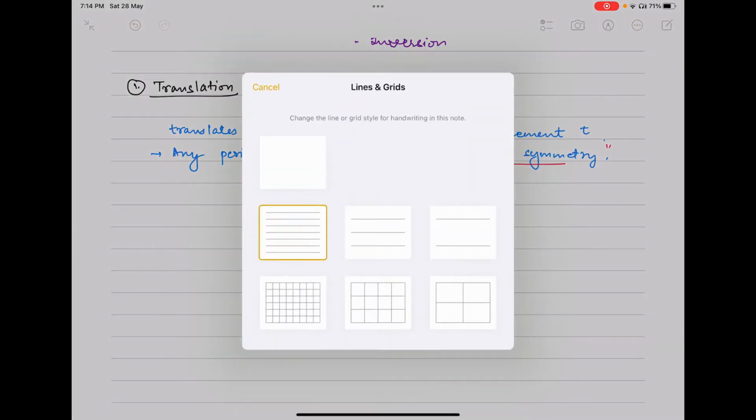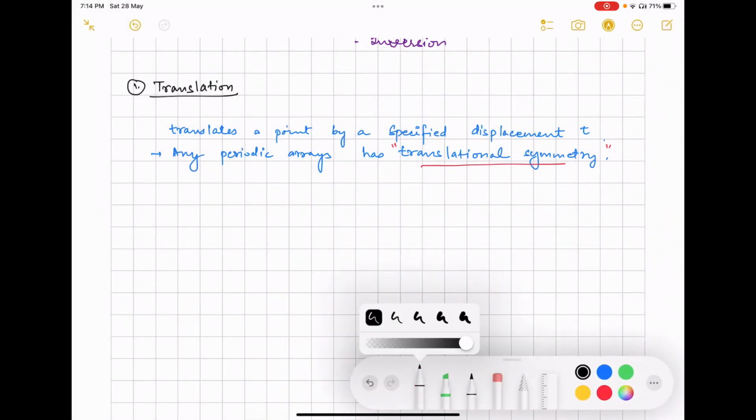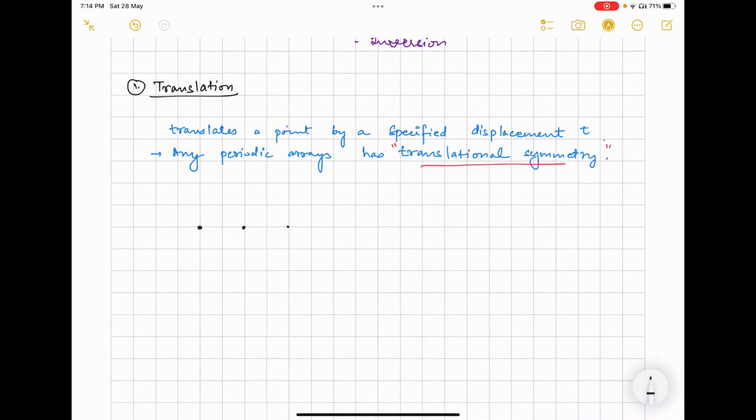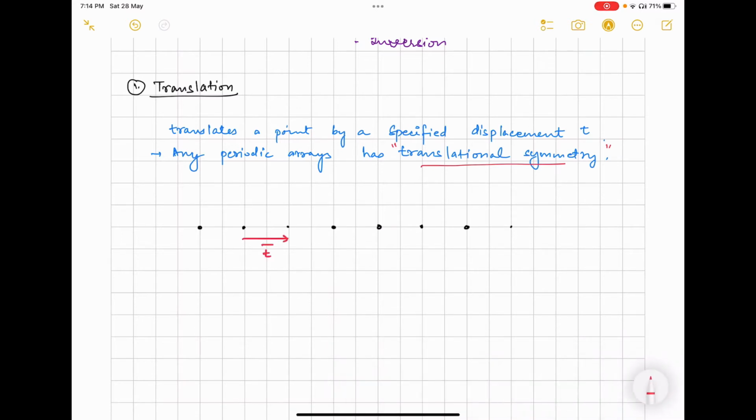So if we have different points, let us construct an infinite array. Suppose this is the one. If you provide any lattice, this is your T vector. So if you move this point by T, then you get a new point. Then if you move this, you again get another point. In such a way, this array continues to plus and minus infinity.